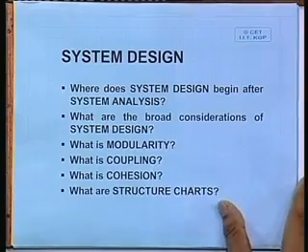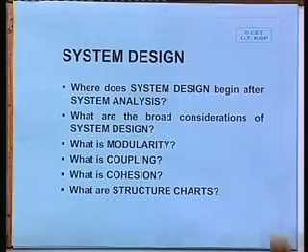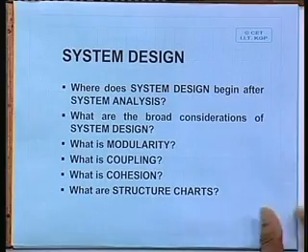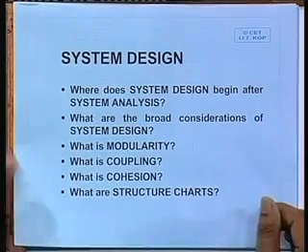The structure chart is like the data flow diagram, which shows how the data flows from one source to another and what transformation it undergoes. Similarly, the structure chart shows what the different modules are and how they are connected to one another. So, it is a very important concept, the structure chart, and let us see in the course of system design how we achieve all these step by step.